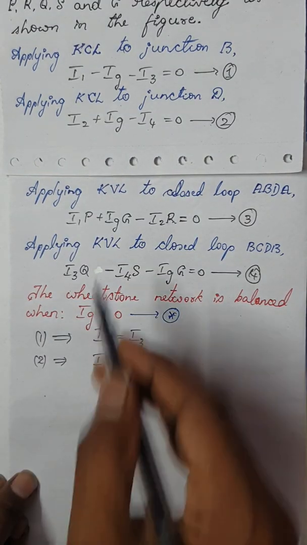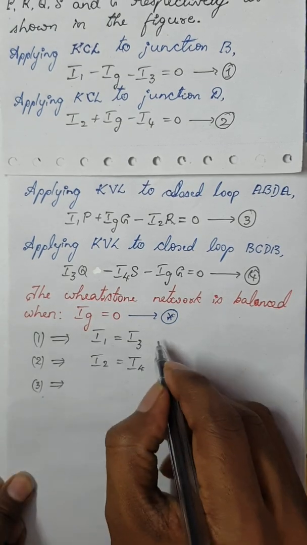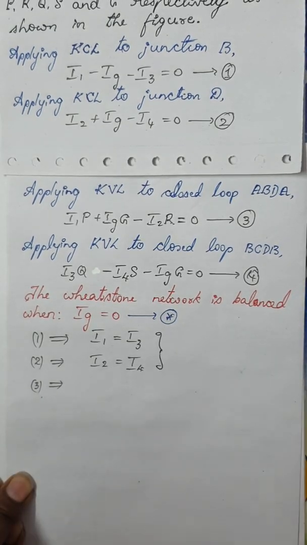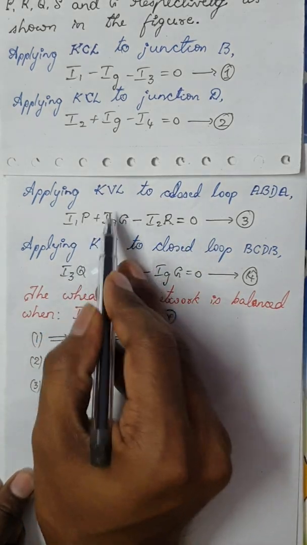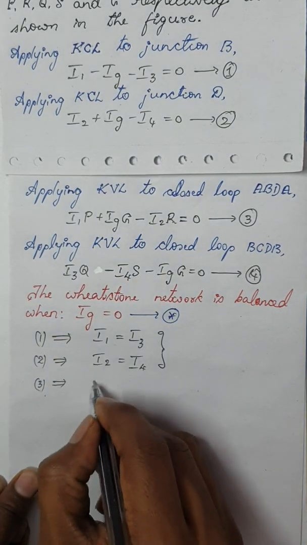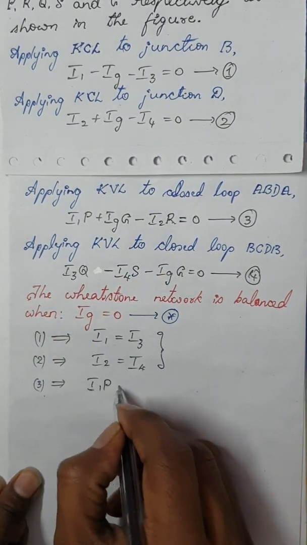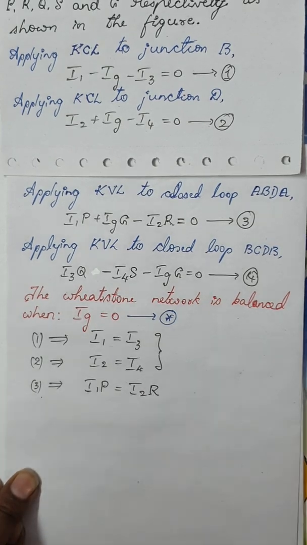In the same way, let me consider equation 3. Here again Ig becomes 0, so I'll get I1P is equal to I2R. That is, I1P is equal to I2 into R. Is it clear?